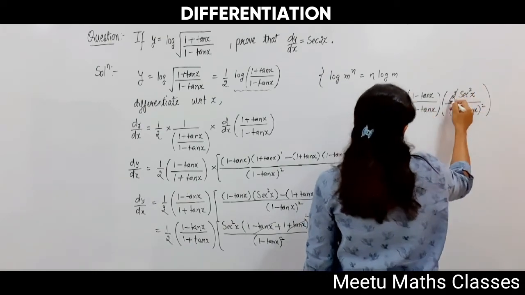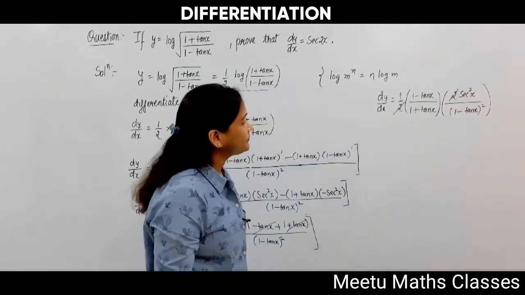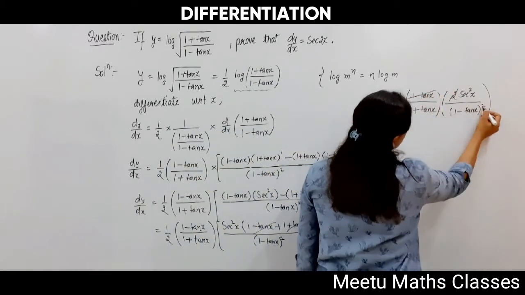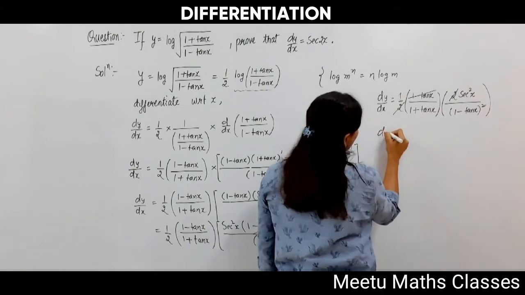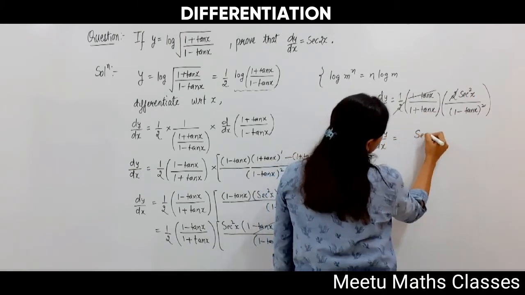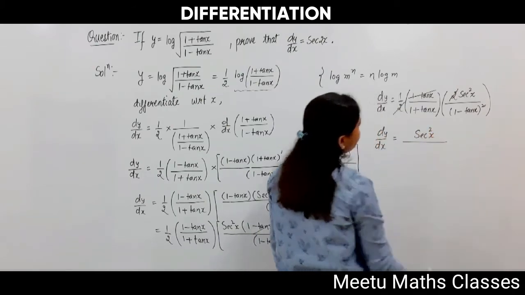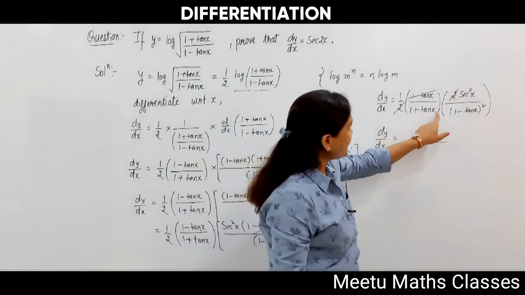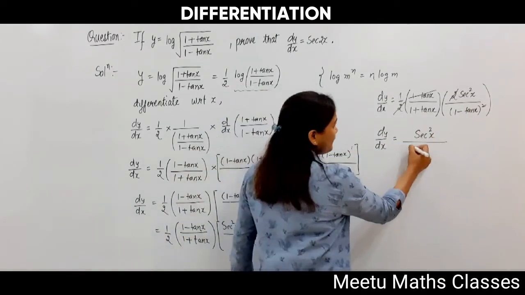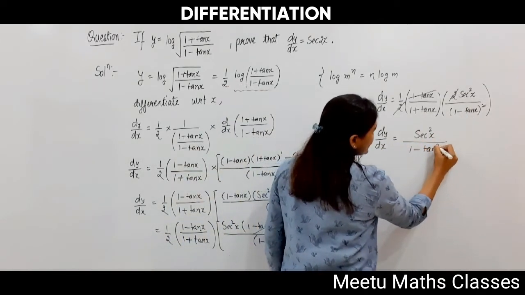Now 2 can also be cancelled out, and a factor of 1 minus 10x will also cancel from here. So you are left with dy by dx is equal to sec square x upon 1 plus tan x into 1 minus tan x, and that will be equal to 1 minus tan square x.